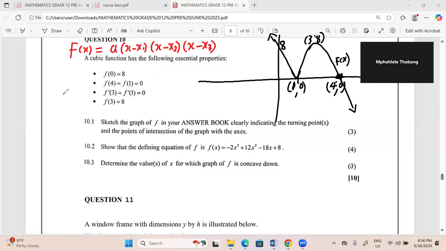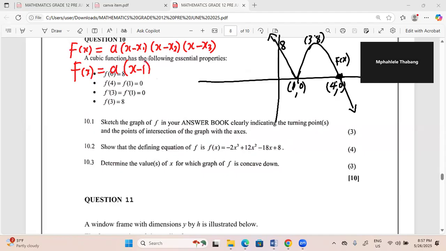This is the formula that I normally prefer to use if I know the coordinates of the intercepts. So I'm going to say f of x equals a into x minus, my x1 is going to be 1.